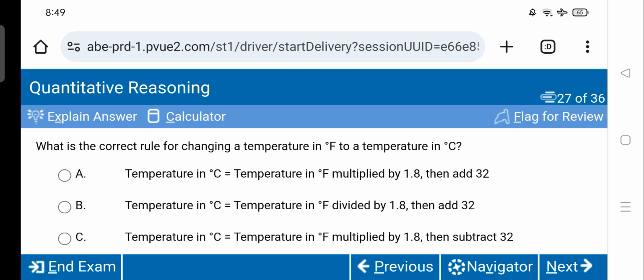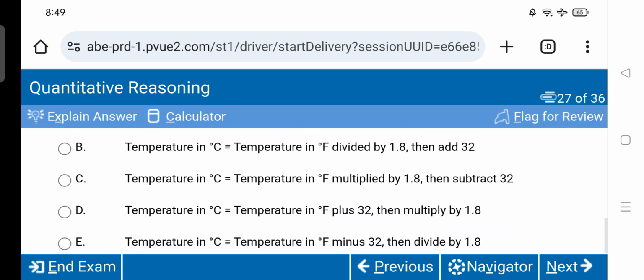Option C, temperature in centigrade equals temperature in Fahrenheit multiplied by 1.8, then subtract 32. Option D, temperature in centigrade equals temperature in Fahrenheit plus 32, then multiply by 1.8.